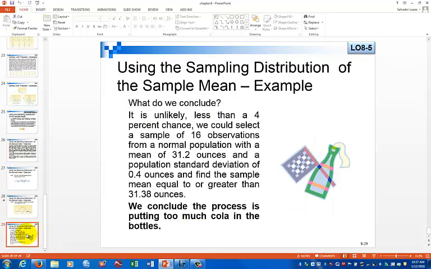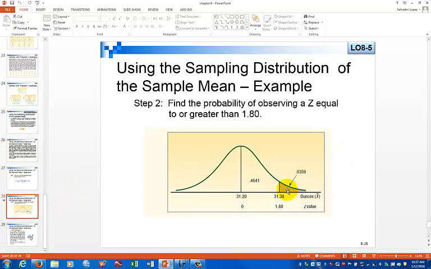Okay, now what do we conclude? It is unlikely, less than a 4% chance, that we could select a sample of 16 observations from a normal population with a mean of 31.2 ounces and a population standard deviation of 0.4 ounces, and find the sample mean equal to or greater than 31.38 ounces. In other words, look at this distribution and this specific probability here that we found.